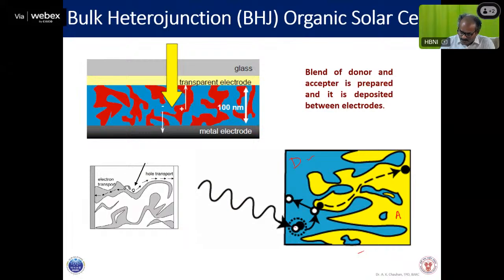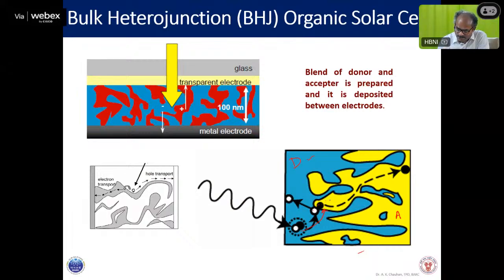Now if a photon falls here somewhere, it will create an exciton. This exciton has to move only this much distance, which is very near. Once it reaches the boundary, the energy difference will activate, and this electron and hole pair will be separated.